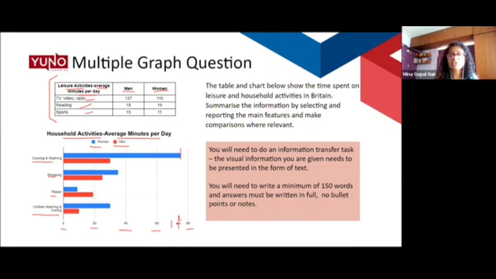Yes, you could take the figure 75, but instead of saying it is 75 minutes, you would say it is approximately 75 minutes. You would use language to that effect: around 75 minutes, approximately close to 75 minutes. That's the language you would use when you're not sure about the numbers.